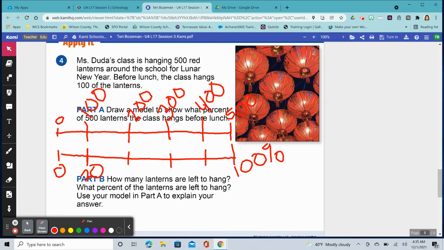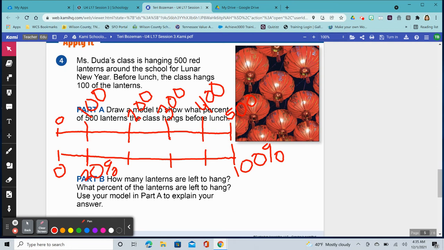So we have answered that question of drawing a model for representing what percent they have hung up so far. So this is 20%. You could label the rest of the tick marks if you want to. 40, 60, 80, and you've already labeled 100.